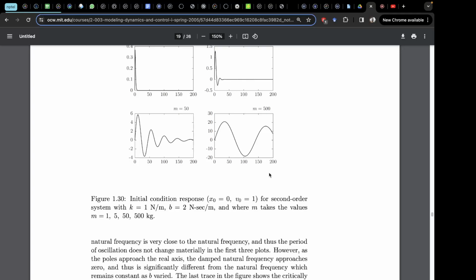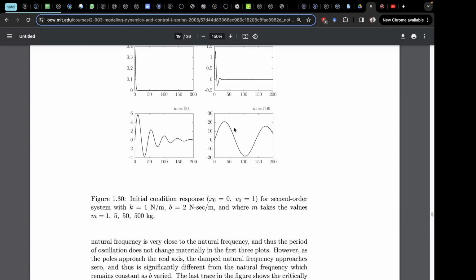So that's the reason for this observation, that at m equal to 500, the amplitude goes up to 20, right? But on the other hand, why did the frequency decrease? Because of the natural frequency under root k by m, that decreased the natural frequency itself.